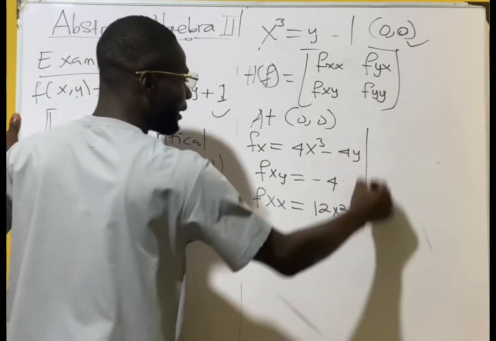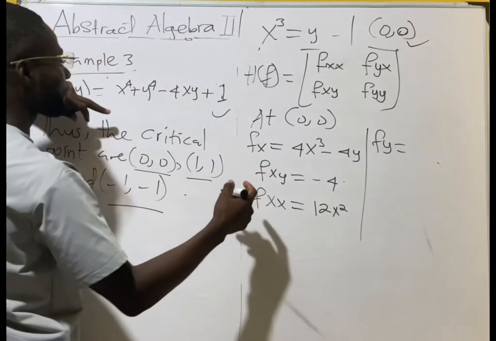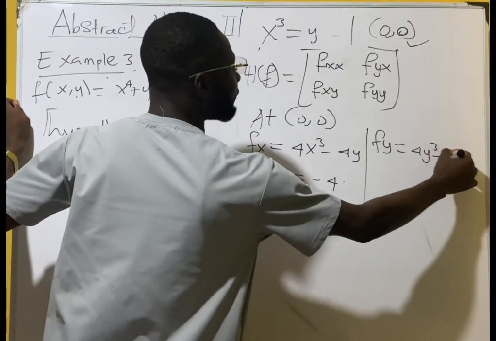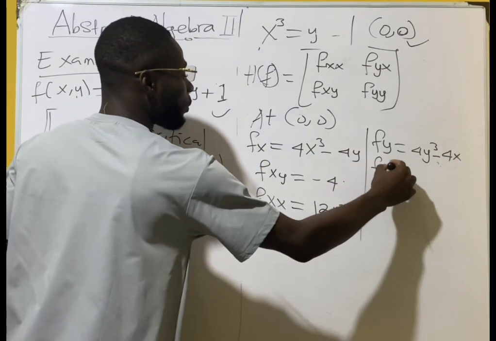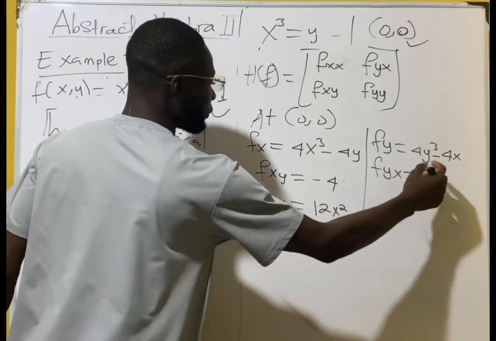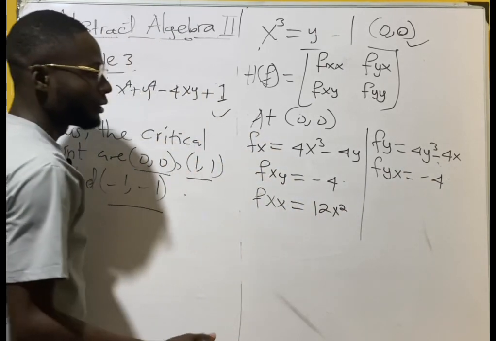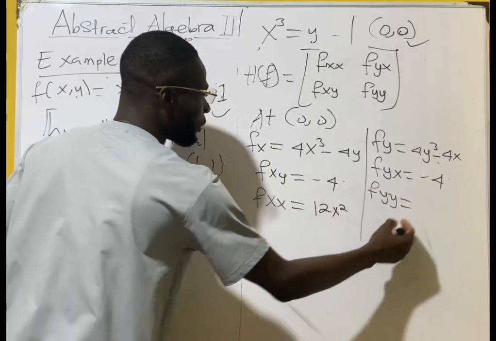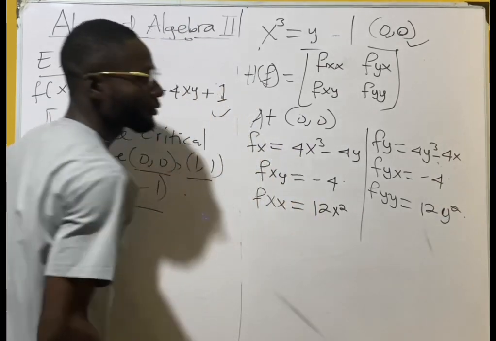Now fy will be equal to 4y cubed minus 4x, so fyx will be equal to -4 as well. fyy will also be equal to 12y squared.